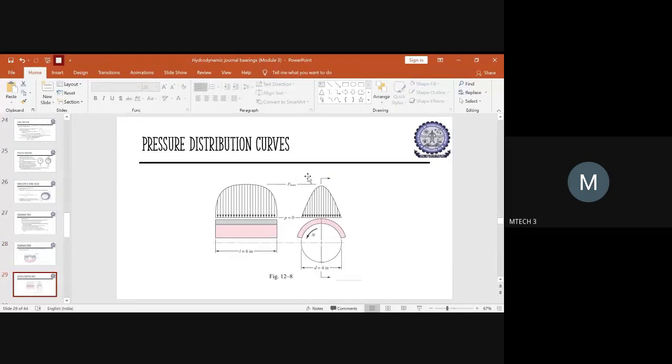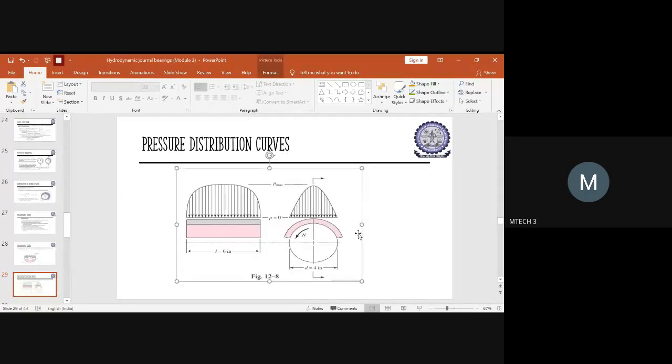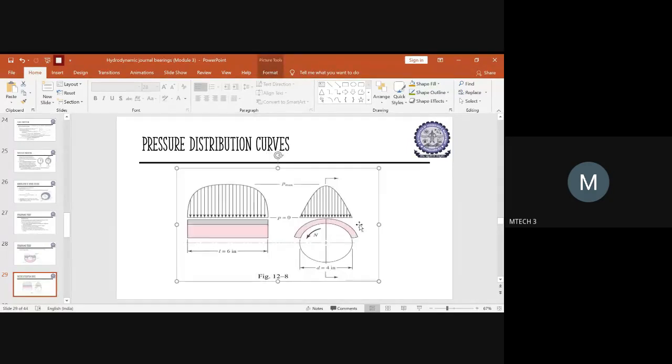With respect to that, you should understand the pressure distribution curves. Here you can see the length of the shaft in the bearing can be considered as 6 inch, the diameter of the journal is considered as 4 inch, and the journal is rotating in this direction. This is the clearance in between the bearing surface and the journal. At the tip, the pressure will be 0, and at the upper line, it will be the maximum.